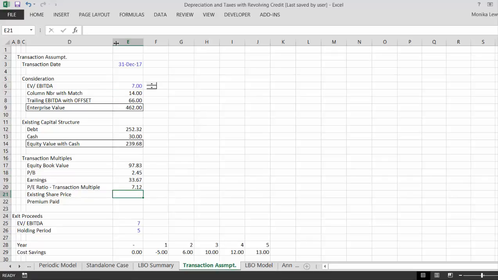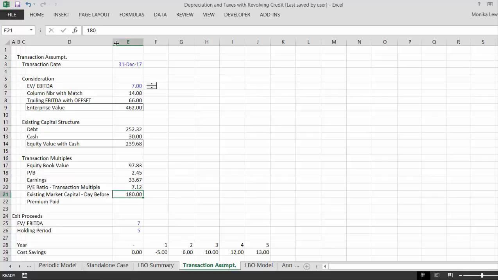And let's pretend our existing market capitalization a day before, let's pretend that's, how about 1/8?